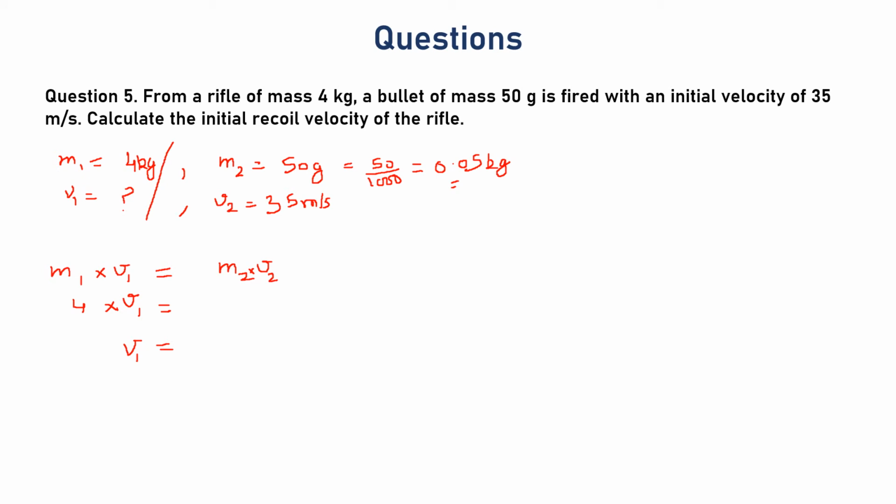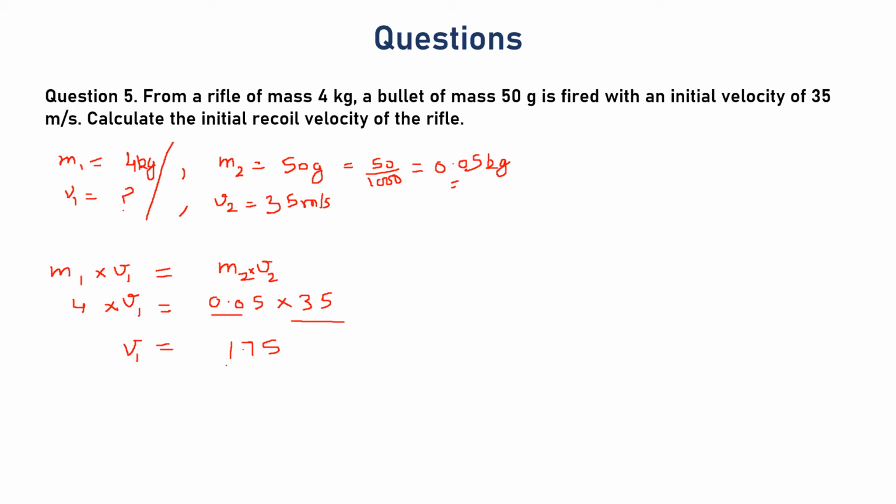The mass of the bullet is 0.05 and V2 is 35. So when I multiply 0.05 with 35, I am getting 1.75. What is 35 into 5? 35 into 5 is 175. After the point there are two numbers, so 1.75, right?